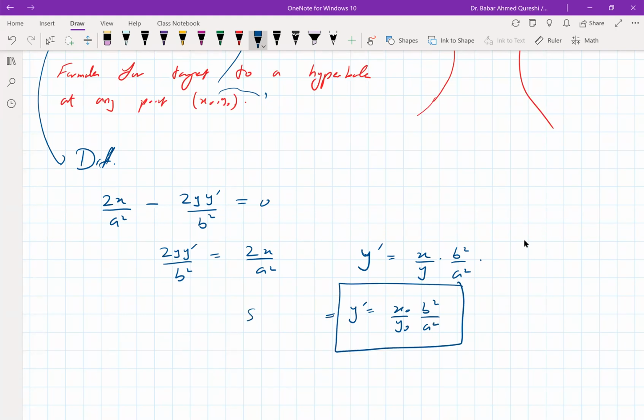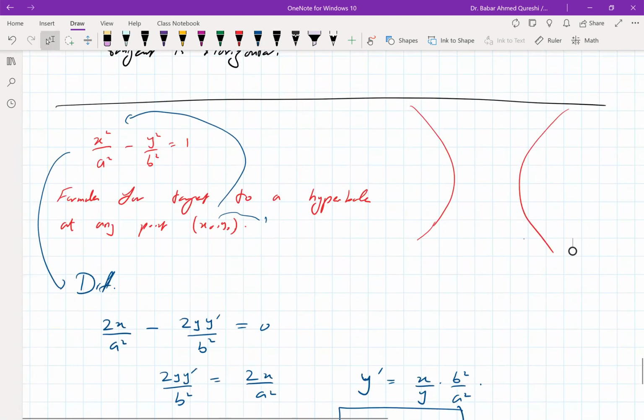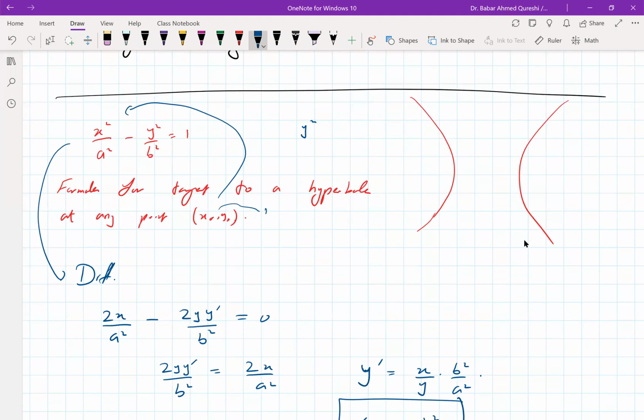This will be the slope of the tangent. If you want, you can even compute y is plus or minus b square times square root of x square minus a square over a.